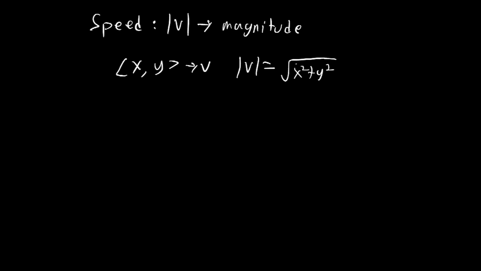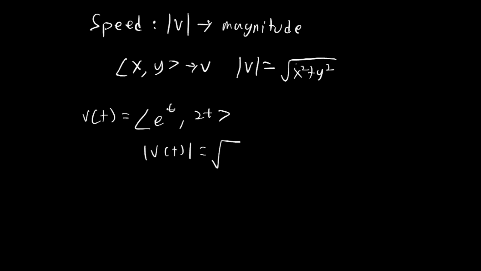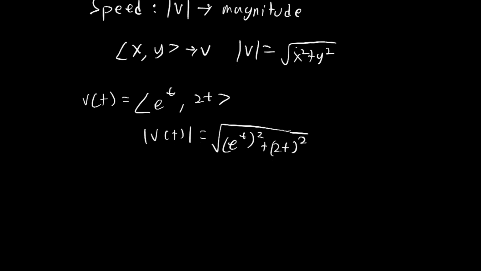Okay, so let's say I gave you a velocity vector, and this is equal to e to the t, comma, I don't know, 2t. So our speed will just be denoted by the square root of e to the t squared plus 2t squared. Very simple.